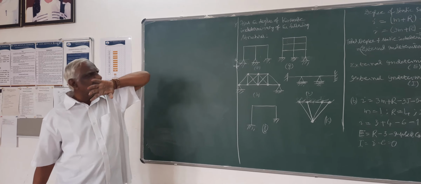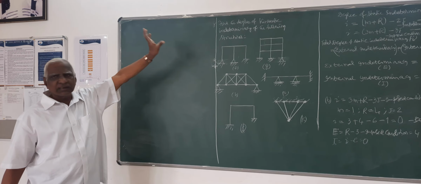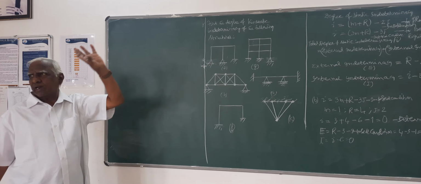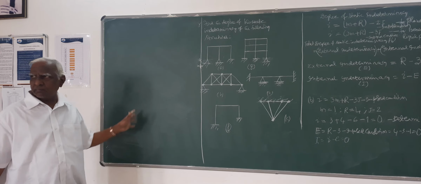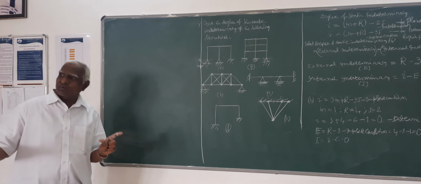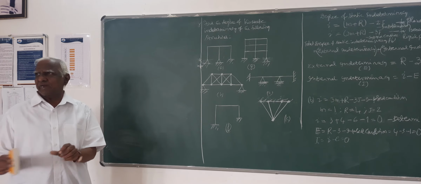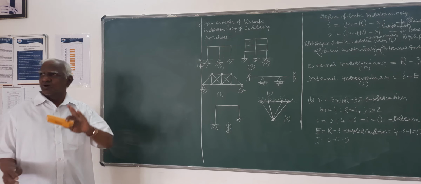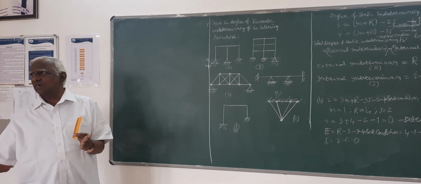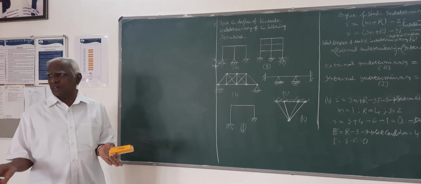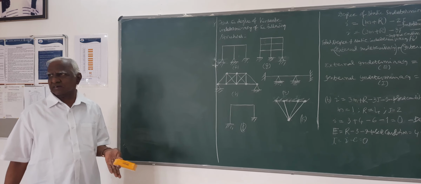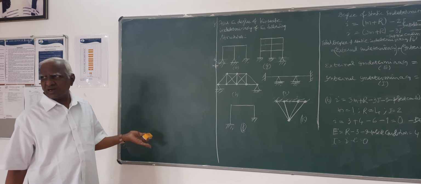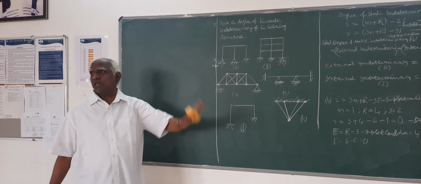As I was telling, analysis consists of determining support reactions, internal member forces, along with the displacements at various joints. Forces as well as displacements we have to determine on account of the external loading on the structure. So forces we saw, now we talk about displacements.